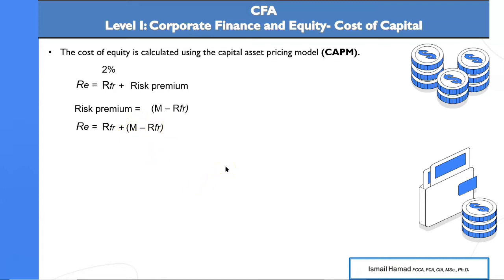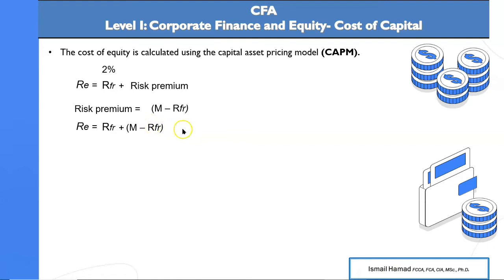If my company is less risky than the market, I should get less than the market. So we need to multiply this by a factor. That factor will be more than 1 if my company is riskier than the market. Let us say 1.5. This will give not 8%, but 8 times 1.5, which will be 12.